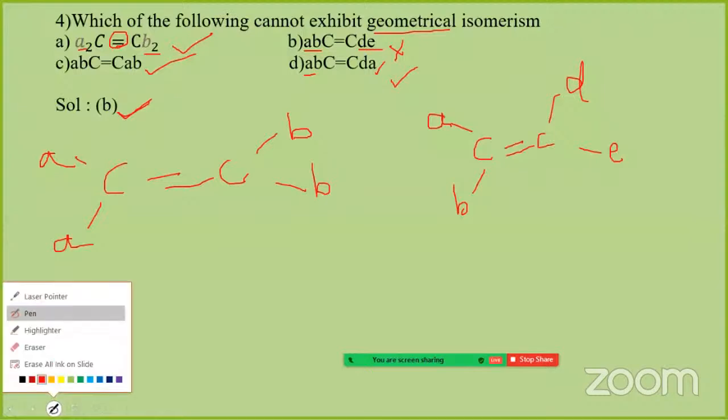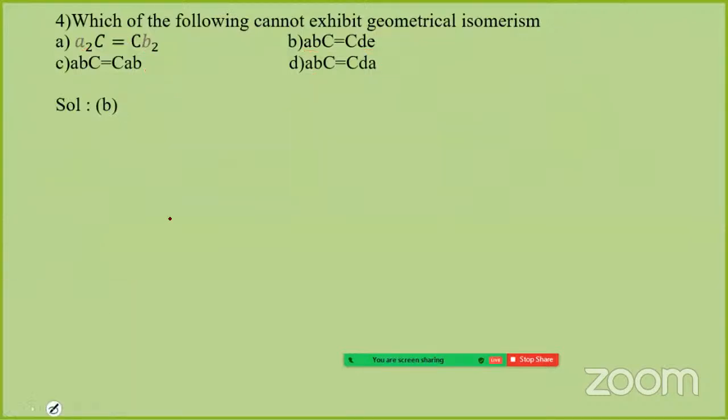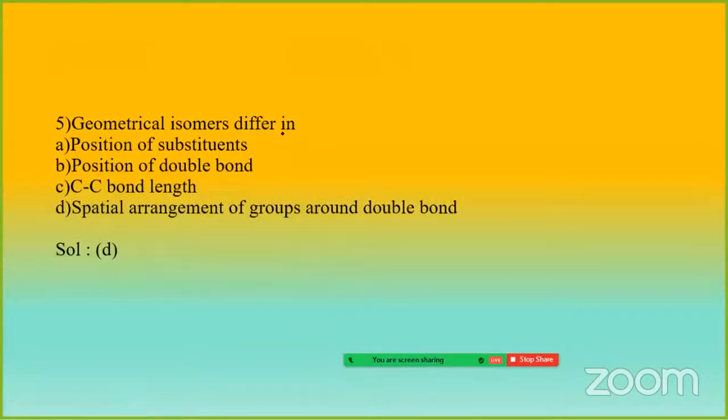Then let us see the next question. Geometrical isomers differ in position of substituents, position of double bond, C single bond, bond length, and spatial arrangement of groups around the double bond. Position of substituents is for structural isomers, position of double bond is for positional isomers, and C single bond, bond length is only for conformers and structural isomers.